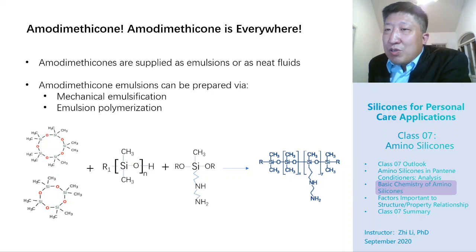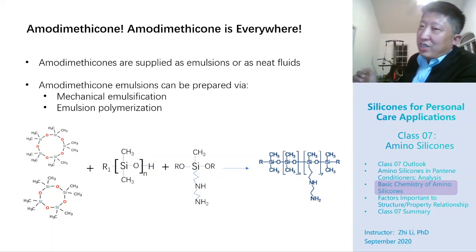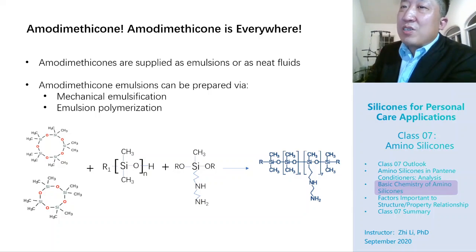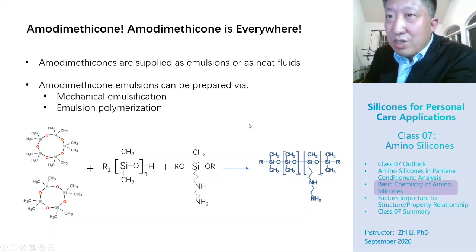The typical way of preparing it, they start with cyclics and they do the ring opening polymerization of the cyclics together with the amodimethicone kind of structure element, and then they do the end block things.